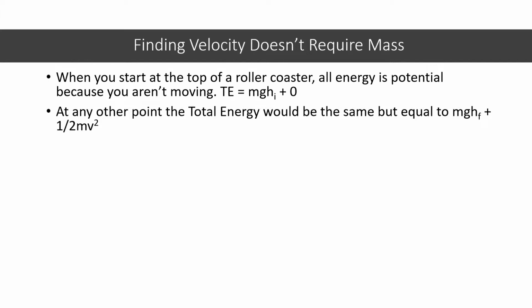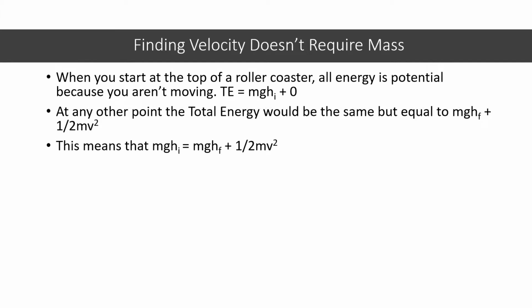The total energy stays the same, but it's going to be equal to mass times gravity times the height at whatever place I'm at, plus 1/2 mass times velocity squared. So if you substitute everything in, using the substitution we talked about back in January, I could make an equation that says total energy is mghi, and it's mghf plus 1/2 mv squared.